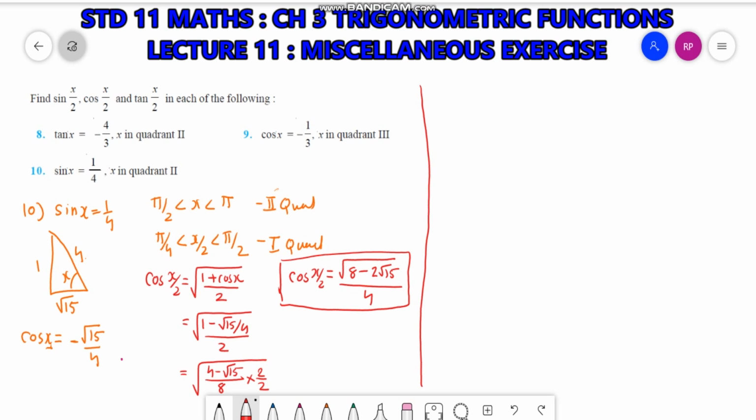Clear? Now sin x by 2. Sin x by 2 will be equal to square root of 1 minus cos x upon 2. So square root of 1 minus minus root 15 by 4, it will be plus root 15 by 4 upon 2.